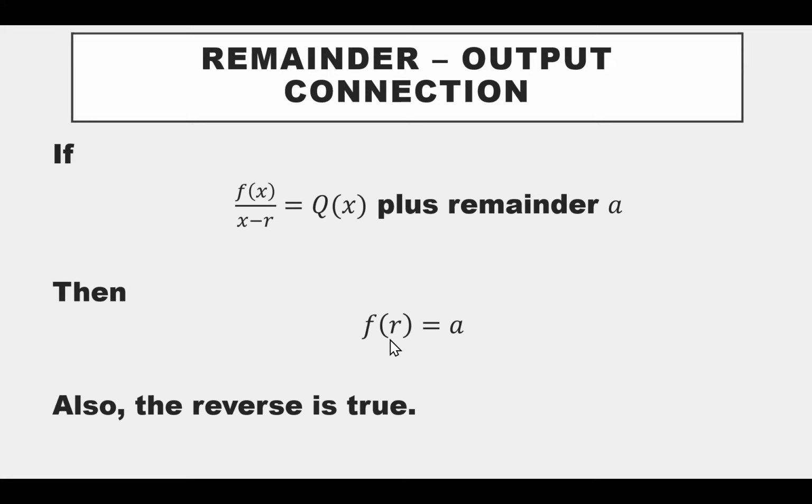Also, the reverse is true. If I were to plug in an r value into the polynomial function and get a, then when I divide that polynomial function by x minus r, my remainder is going to be a. So there's this really nice correspondence between the remainder and the output.